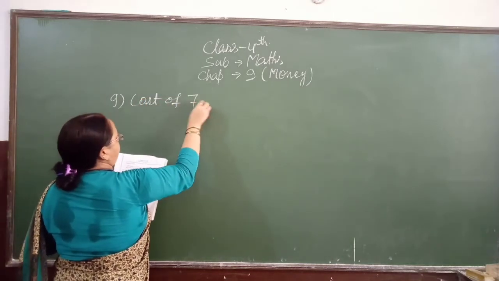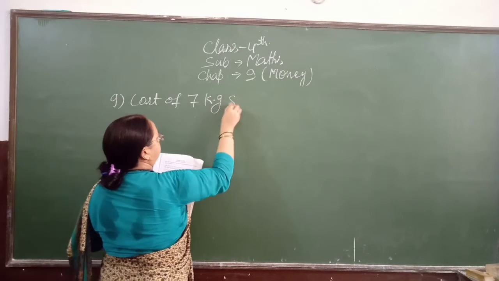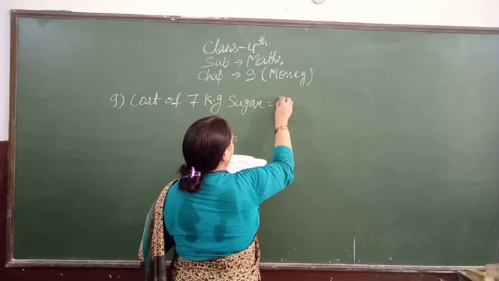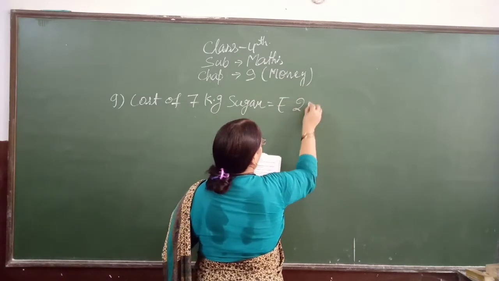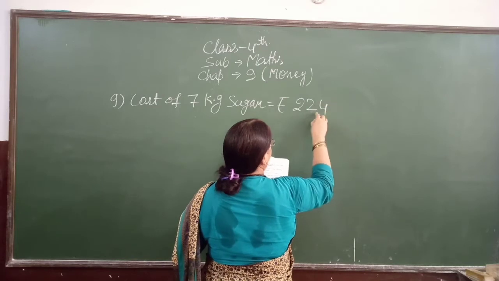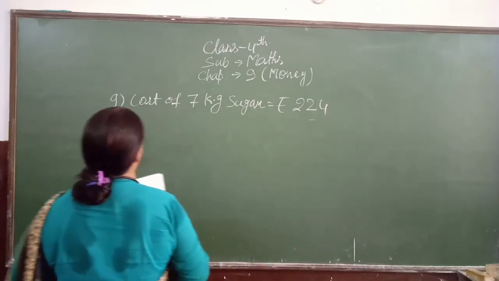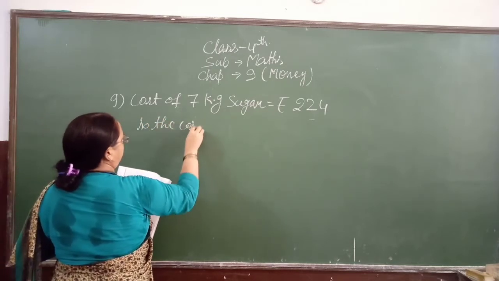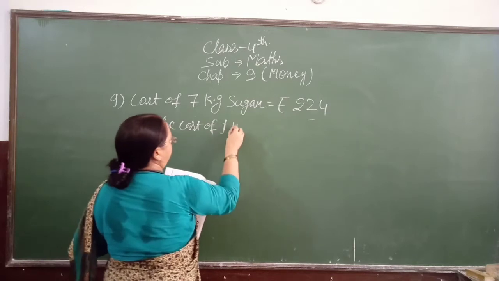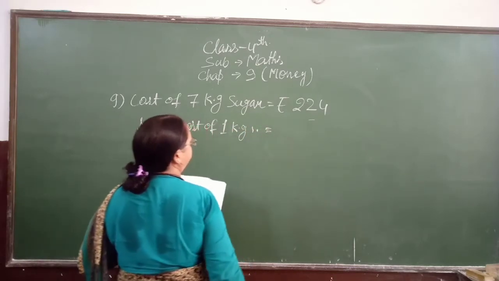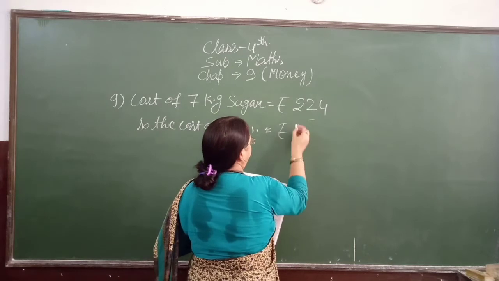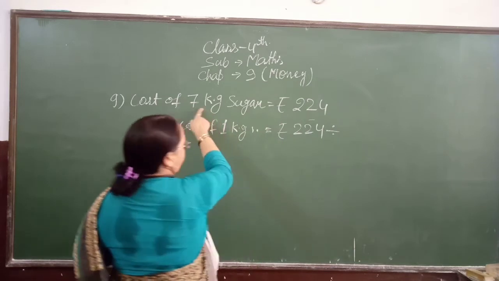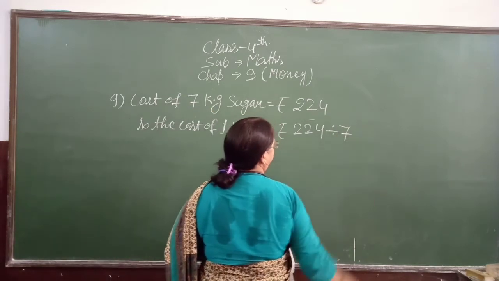Cost of 7 kg sugar is equal to rupees 224. So the cost of 1 kg sugar is equal to rupees 224 divided by, this one is 7, so we have to divide it by 7.